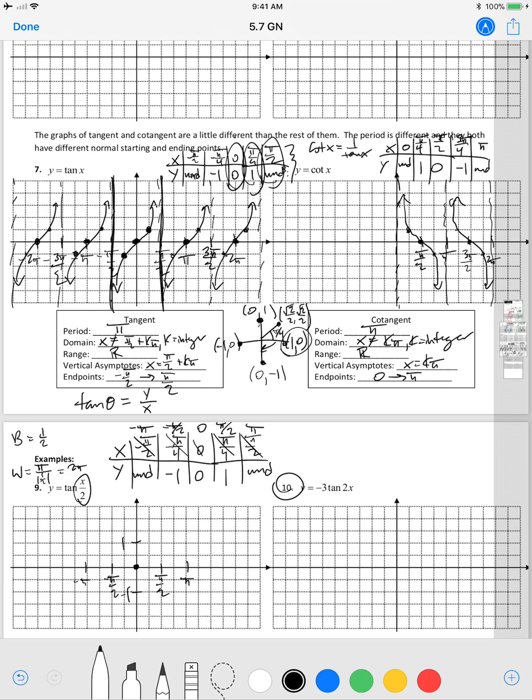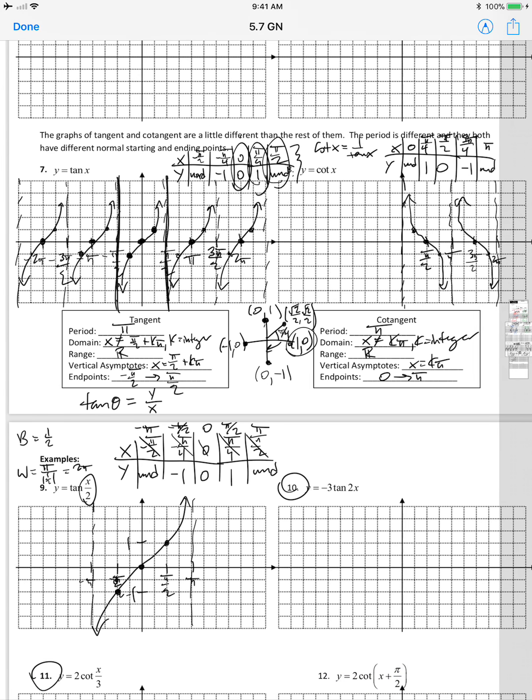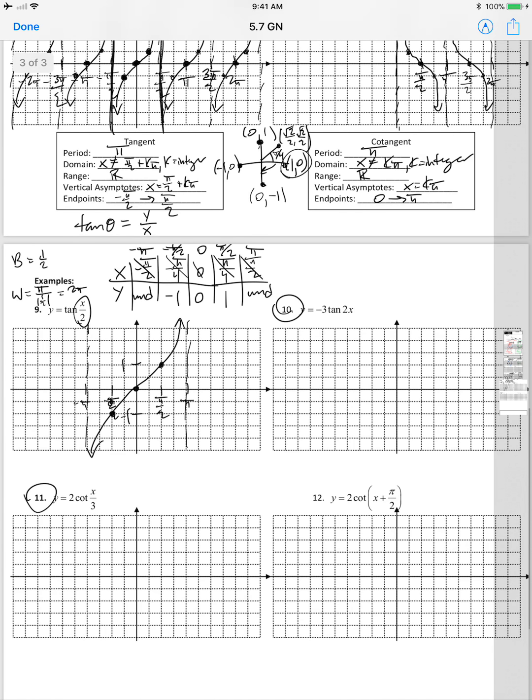So here, here, here, and then vertical asymptotes. Horizontal stretch. It was kind of a lot, and that again had to do with changing the period, and changing period for tangent and cotangent is a little different. My formula becomes pi over the absolute value of b.